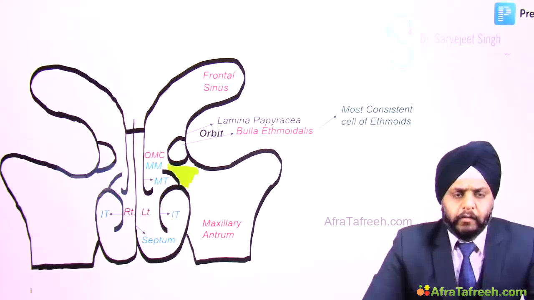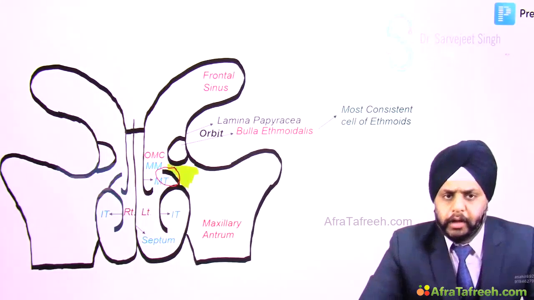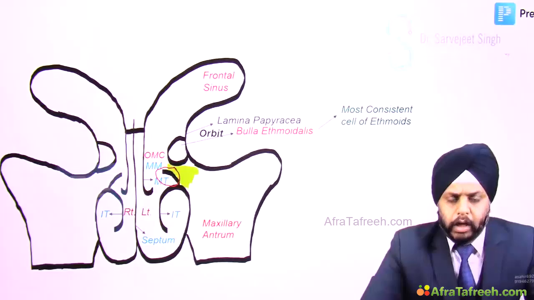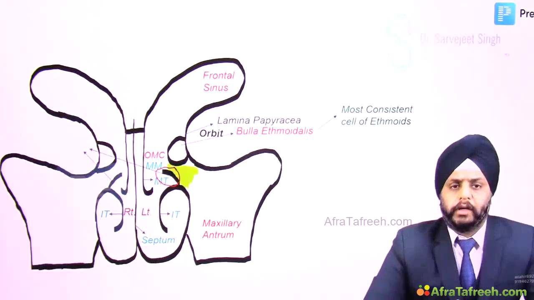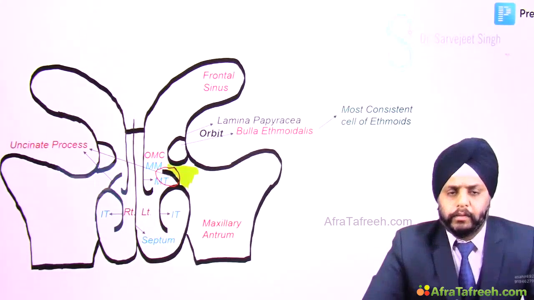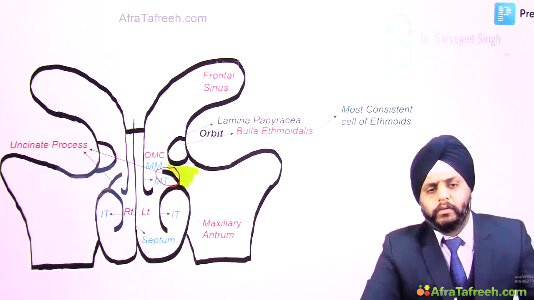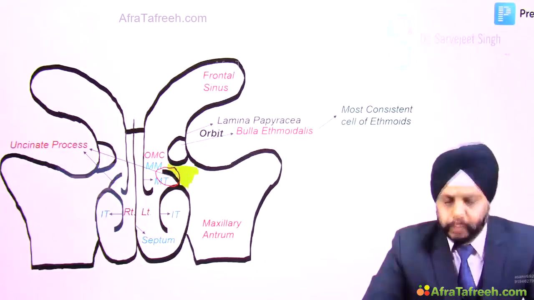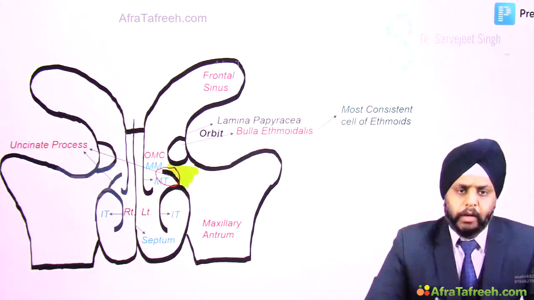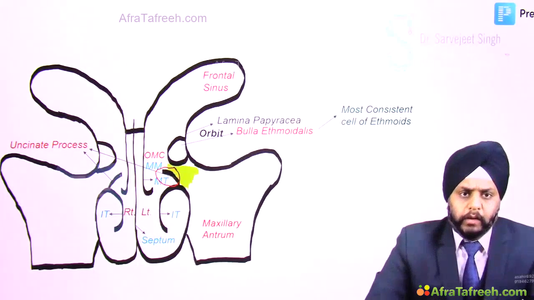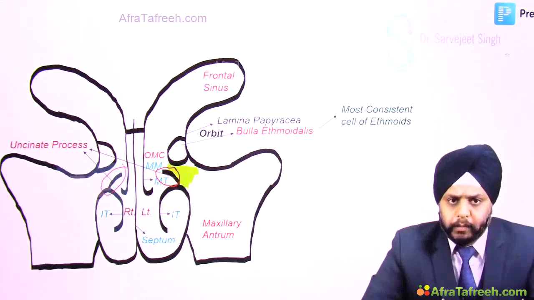There is a flap-like structure over here. Now, this flap-like structure is known as uncinate process. What is this known as? This is known as uncinate process. Right? Okay. So, it's there on both the sides. Both the sides I have highlighted that this flap-like structure is known as uncinate process.